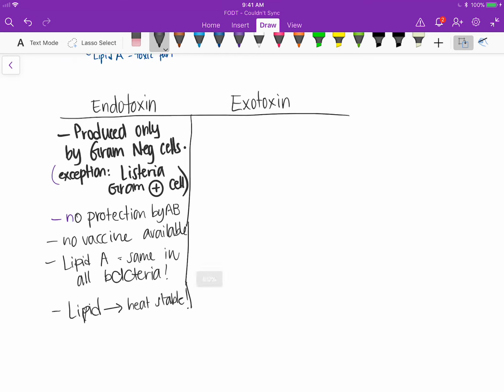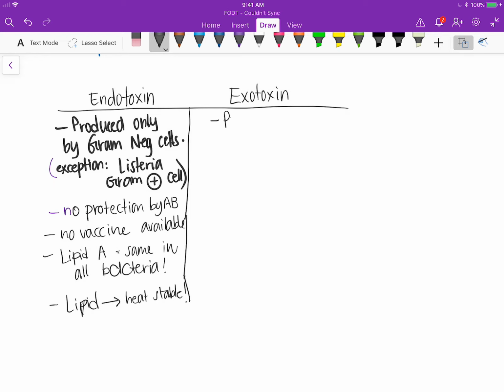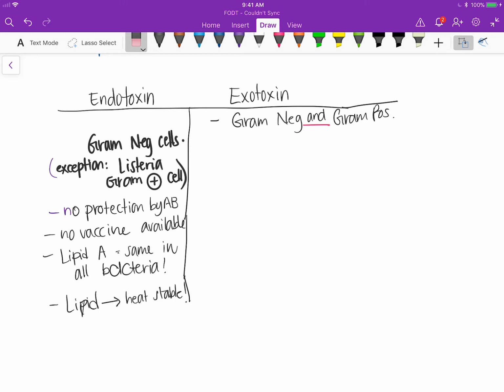Now let's go to the exotoxin. Exotoxin is produced, and actually I'm going to make this even simpler for you, and we're just going to say gram-negative and I'm going to highlight gram-positive cells. Okay, versus this one, which was only gram-negative cells.